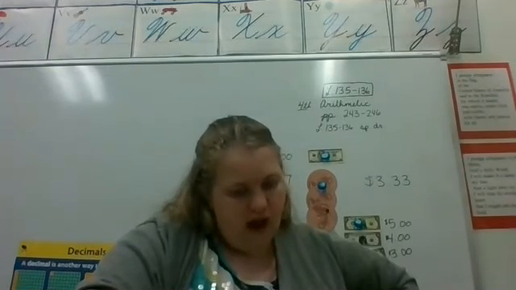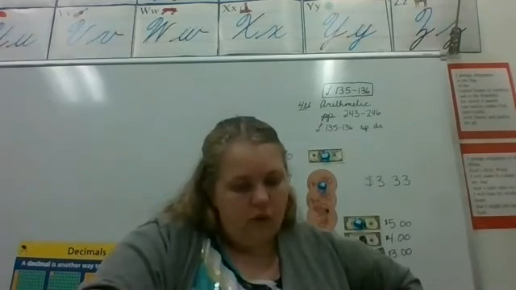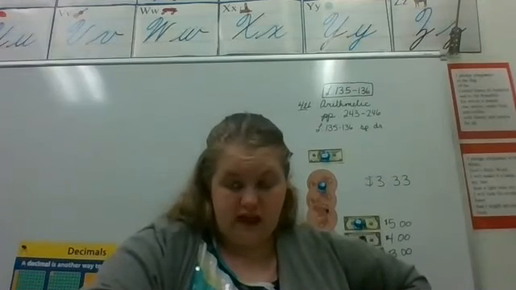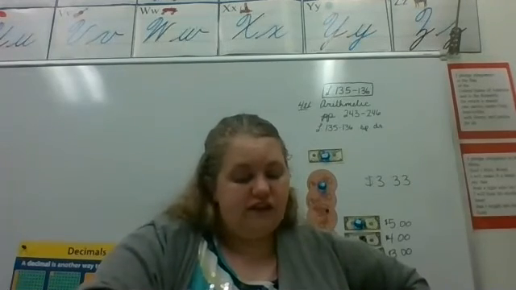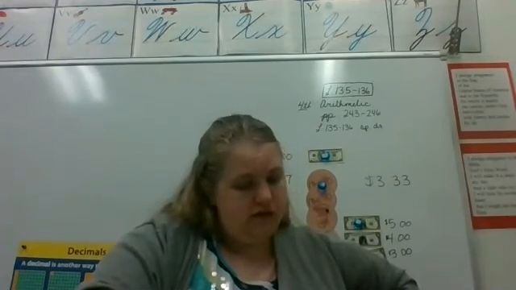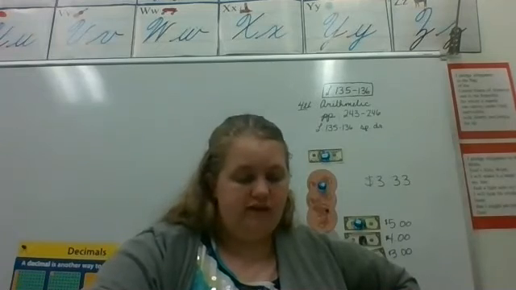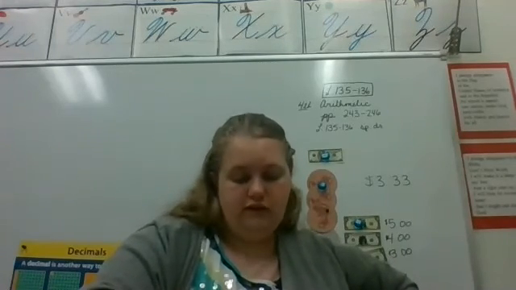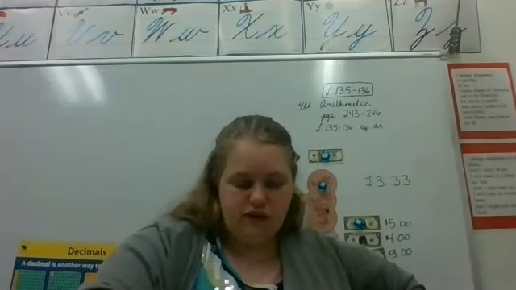They're going to show you how they counted it back, which coins or bills they used to count back. And if it's the best way, then you're going to circle it. If it's not the best way, you don't circle it, okay? So you can take a look at those.